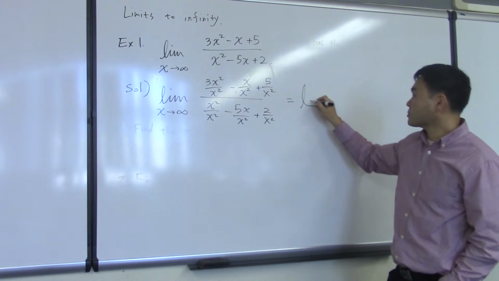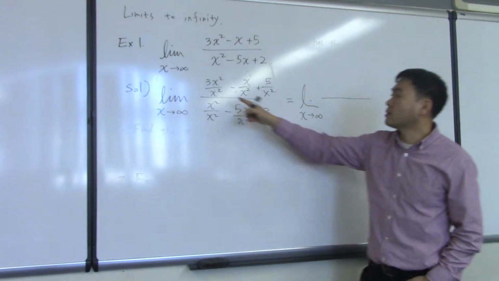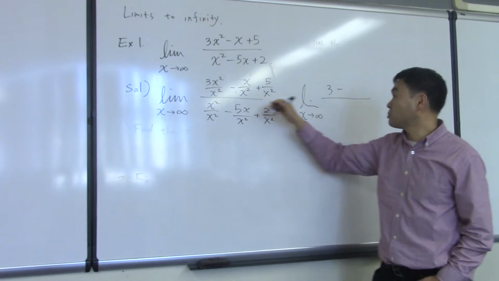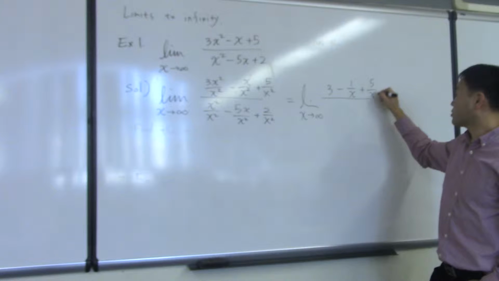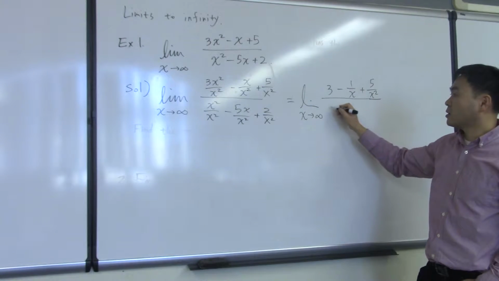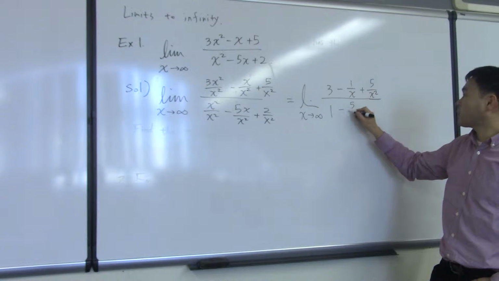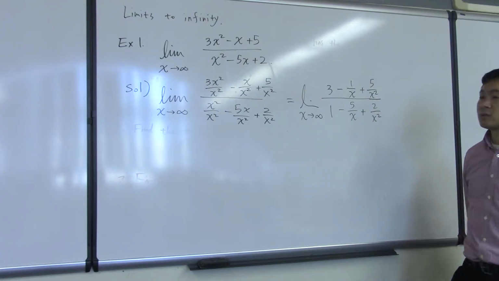Okay. Now let's try to simplify this. 3x squared over x squared, that's 3. I can simplify this as 1 over x plus 5 over x squared. And x squared over x squared is 1. 5 over x, 2 over x squared.